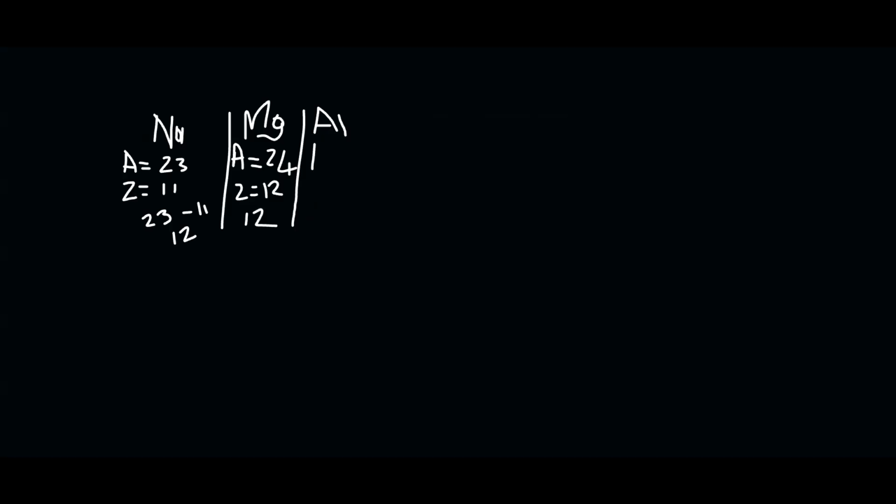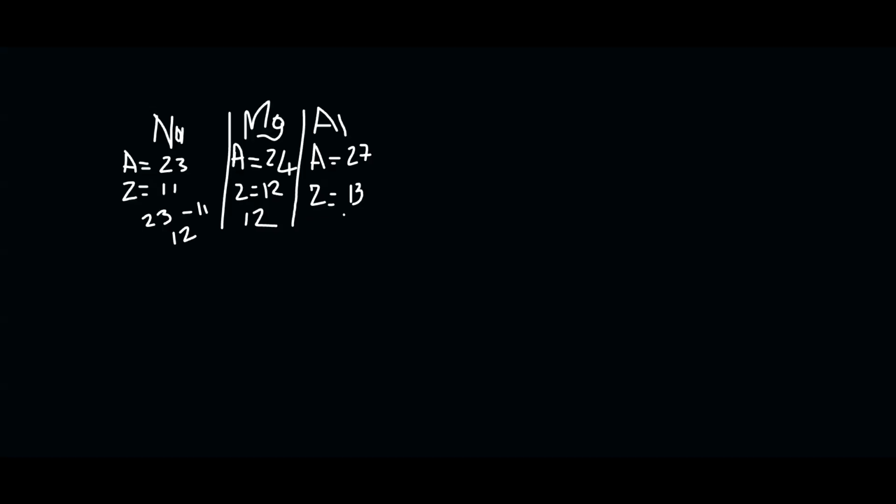Alright, so A. Aluminum. What's the mass number for aluminum? 27. Good. And what's the atomic number? 13. So 27 minus 13 would give us 14.